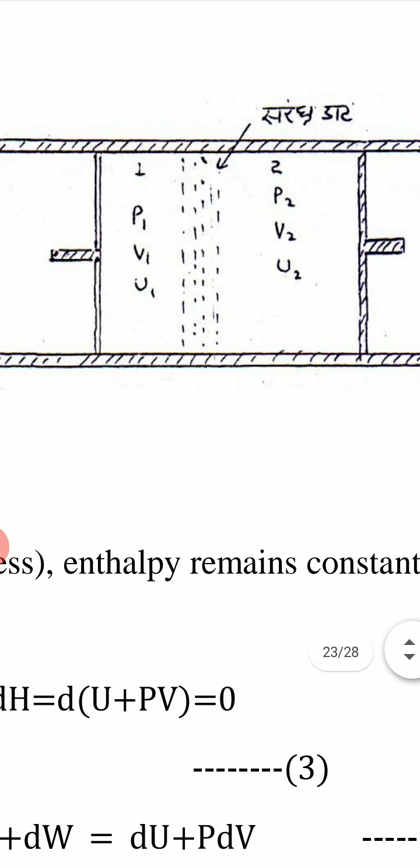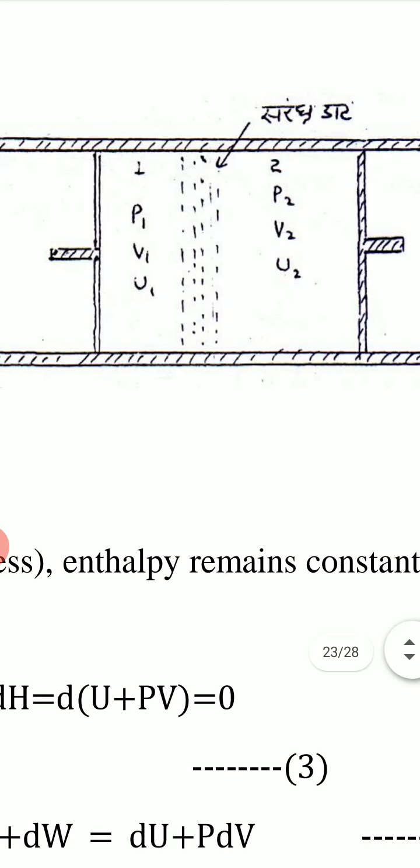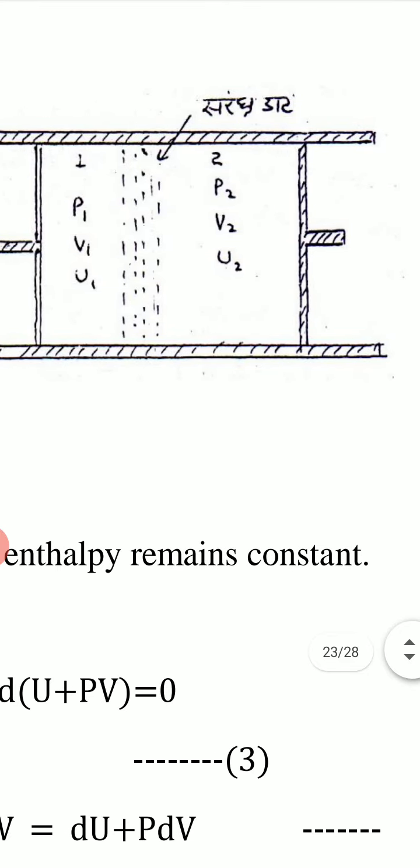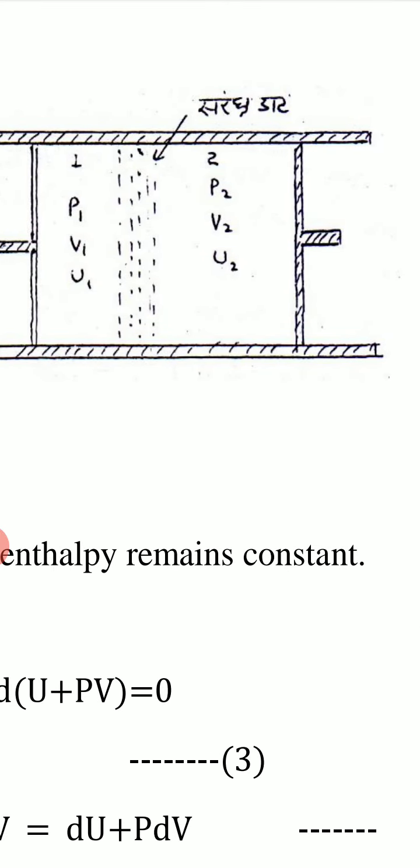So, P1, V1 and U1 are pressure, volume and internal energy of gas in chamber 1 and P2, V2 and U2 are pressure, volume and internal energy of gas in chamber 2.